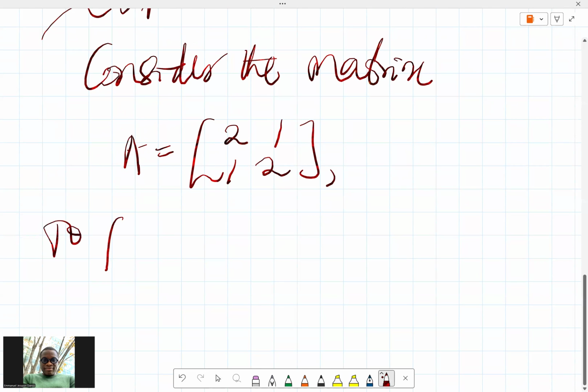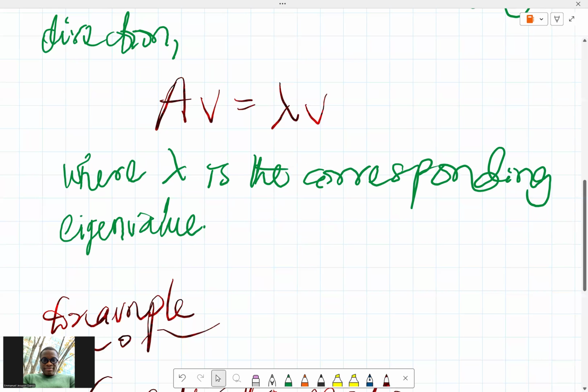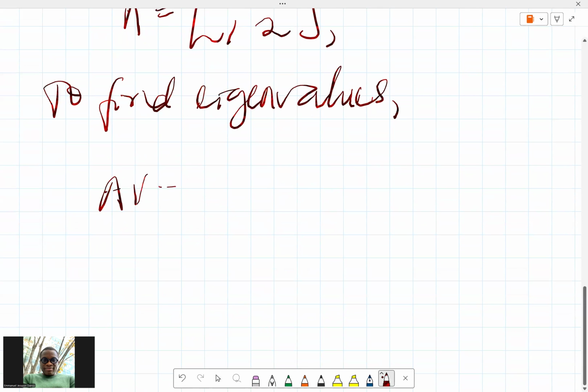To find eigenvalues, from what we have up there, we have AV equals lambda V. That simply implies that we have AV minus lambda V equals 0.